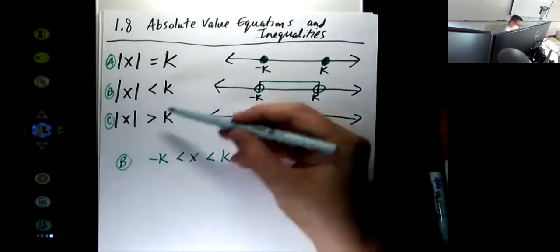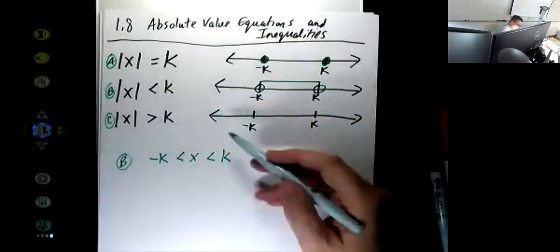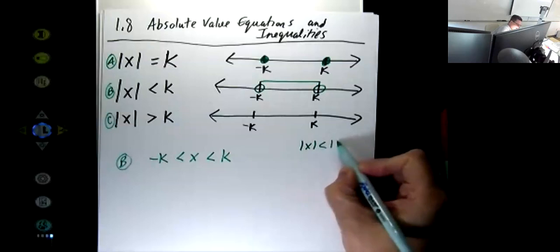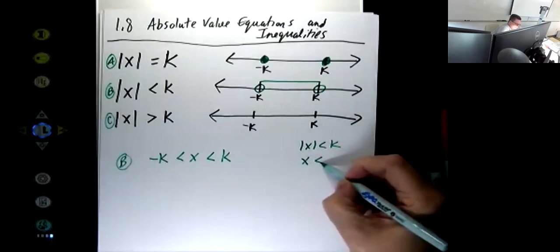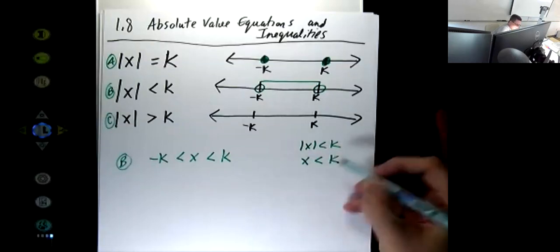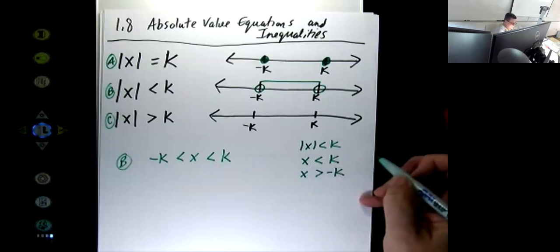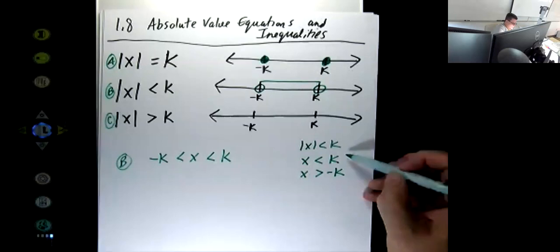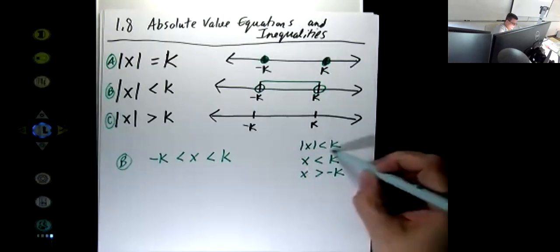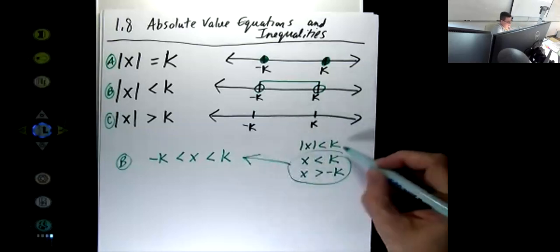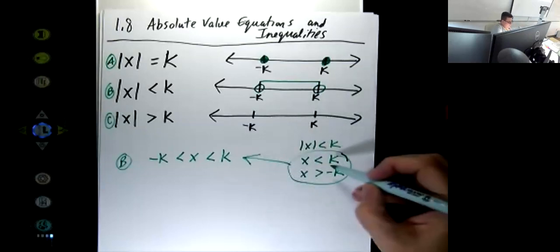What I did to do that is I started with absolute value of x is less than k. I kept it as is. And then I flipped the sign and changed the sign there. And then I saw I can rearrange these two into that. So you keep one the same.